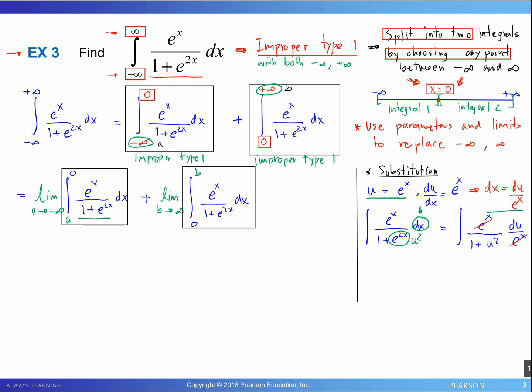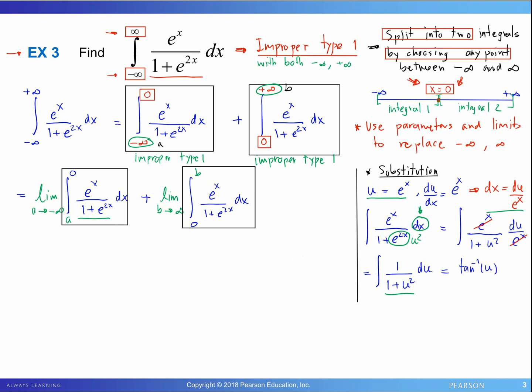And now we have the integral of 1 over 1 plus u squared du, which is equal to, now we find the antiderivative of this term, 1 over 1 plus u squared. From the antiderivative formula, we know it is equal to arctan of u.